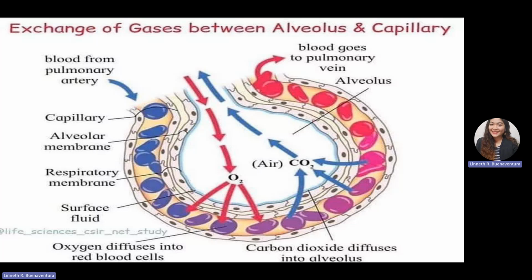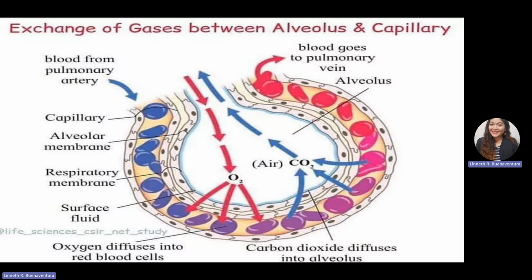Once the oxygen enters the alveoli, the oxygen will diffuse to the red blood cells. And the carbon dioxide will diffuse outside, or it will be released from the blood.